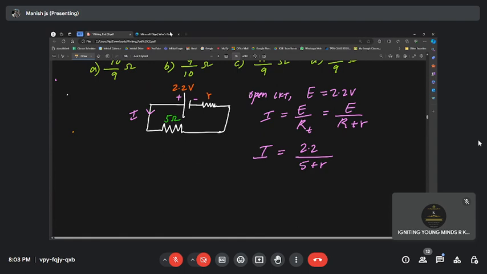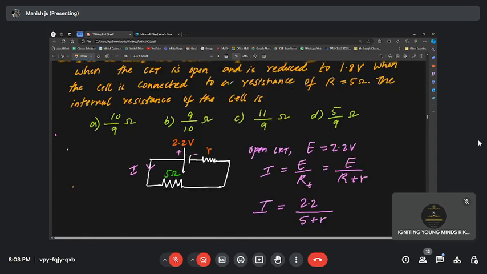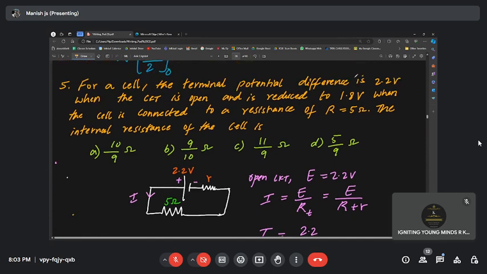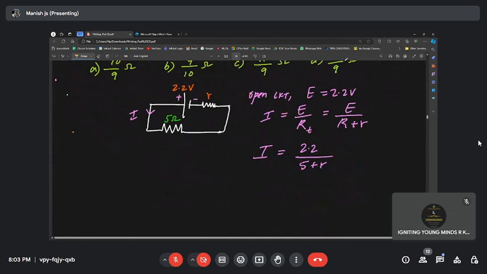Yes, because they are saying that when R is connected, the resistance is reduced, so the potential becomes 1.8 volts. Having that information, we can say that 1.8 is equal to 2.2 minus I into R, the internal resistance of your cell.